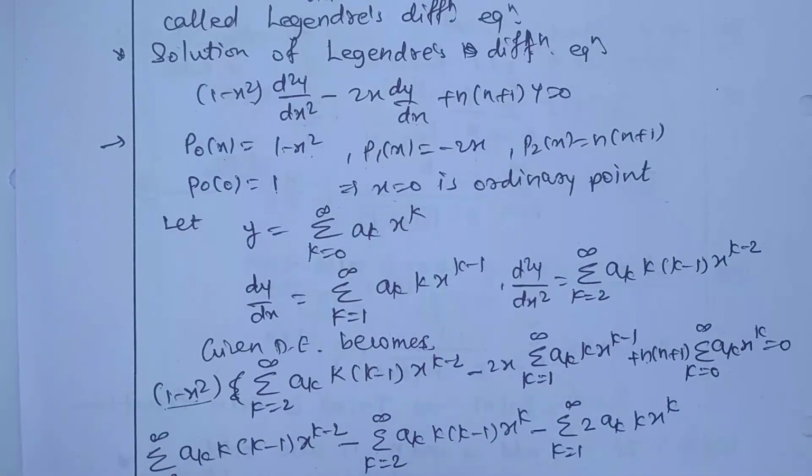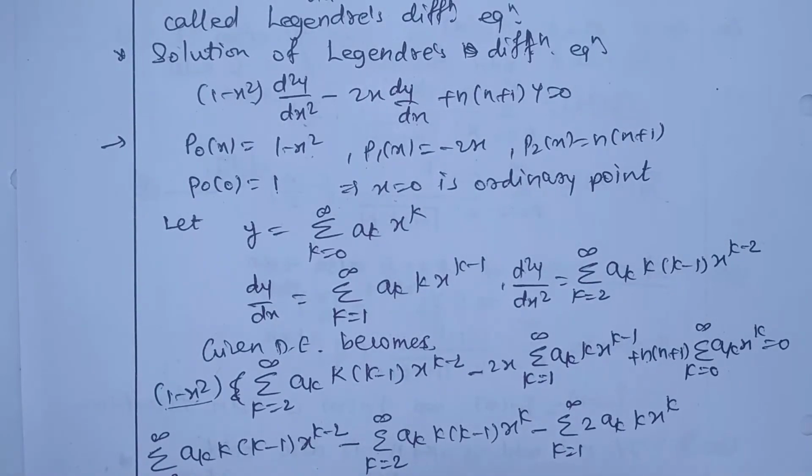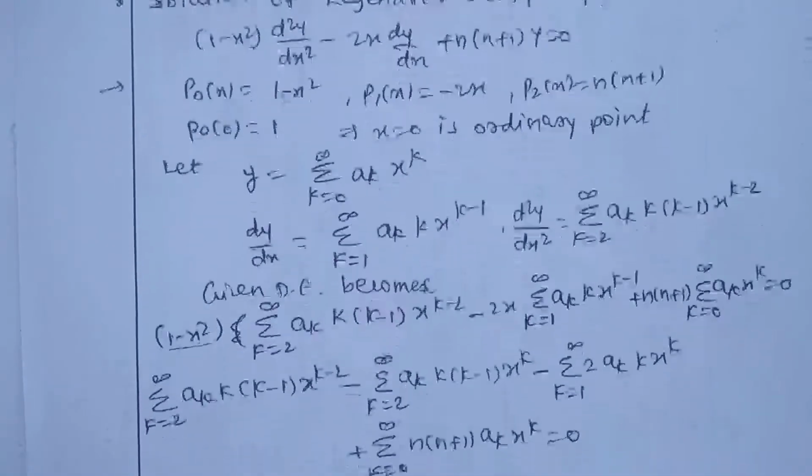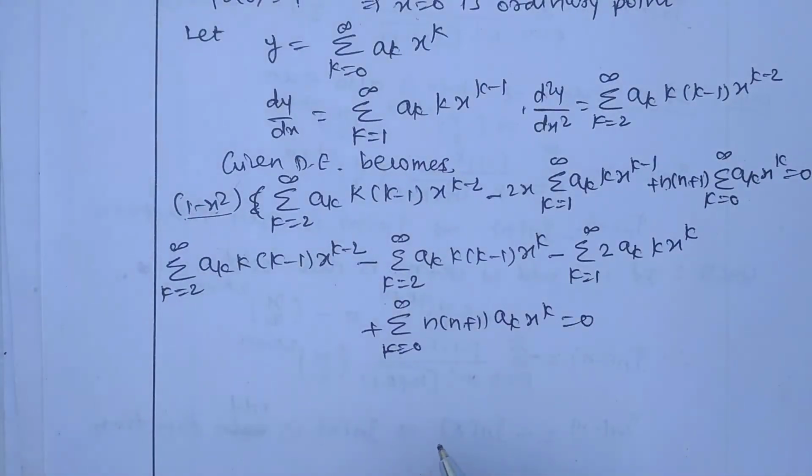So you will get summation k varies from 0 to infinity n into (n plus 1) ak x to the k equals 0.